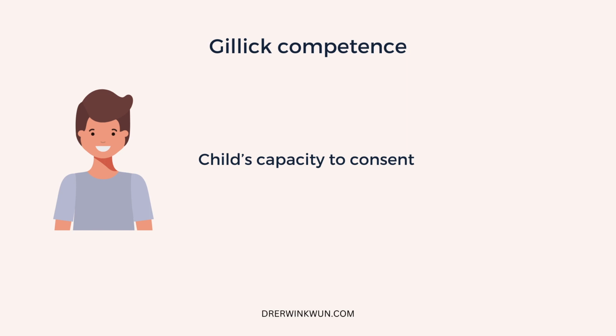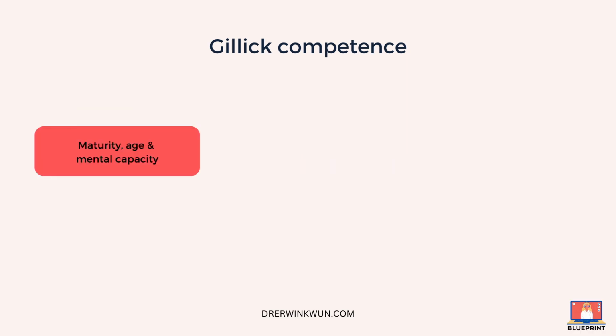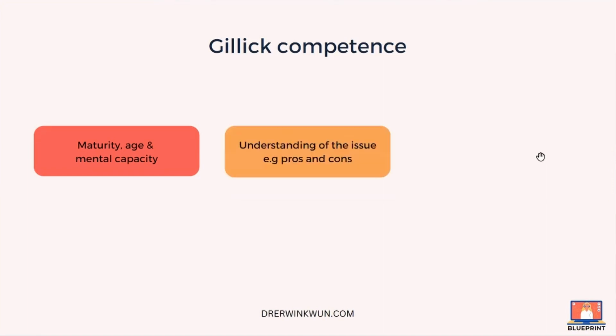There are 6 different components in Gillick competence to see whether a child actually passes that test. The first one is to consider the maturity of the child, the age, and mental capacity. If we're just considering the age, that's not good enough because we can't just discriminate on age, because some children may be older, but they're not that mature.